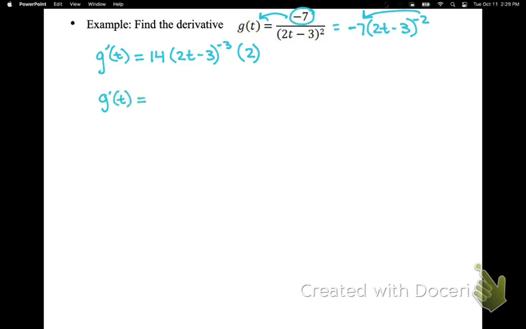So what do I get? 28 over 2t minus 3 cubed. Am I good? Yeah.